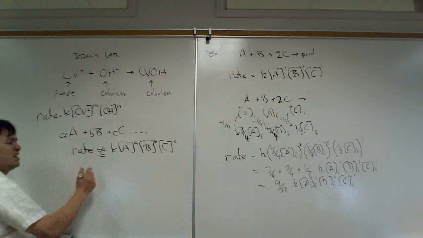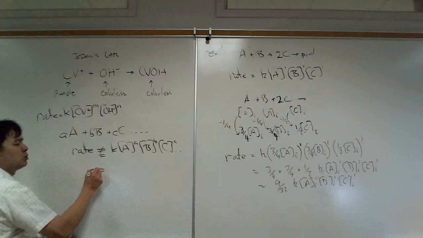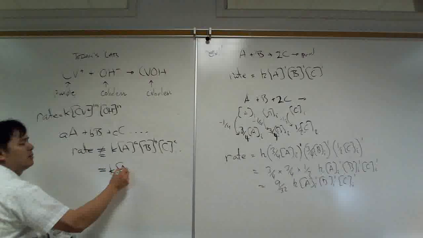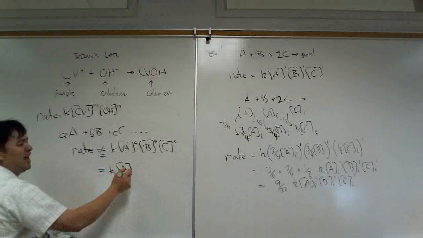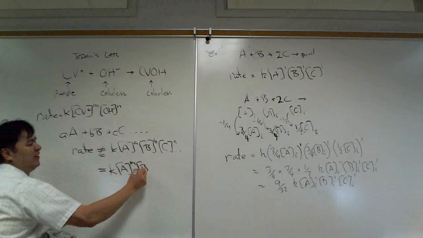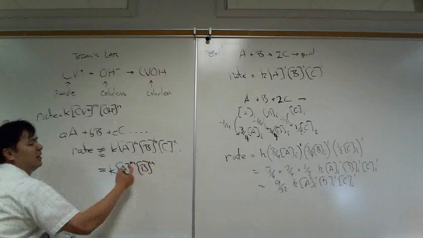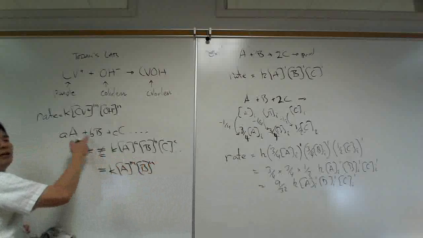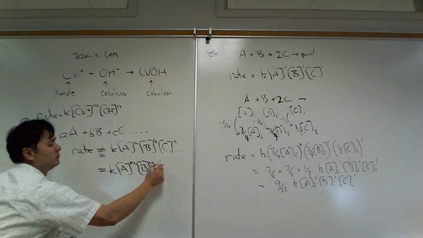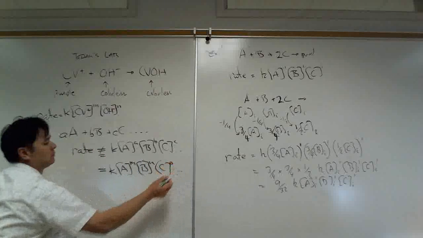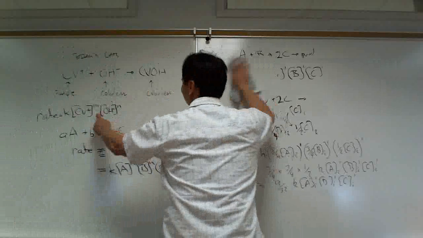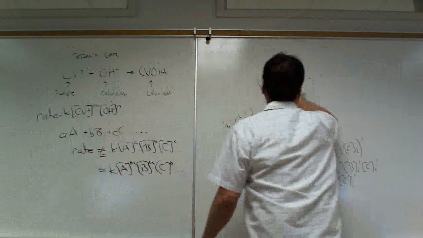And since that's the case, then all we can say that is true always is that the rate will equal K, and then we come up with some new variable. Rather than a, which is related to the coefficient here, we just call it M, B to the N, where M and N might not be related to a and b, the coefficients. So we need to figure out what M and N are.